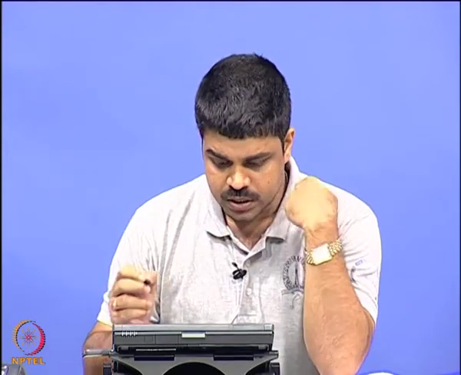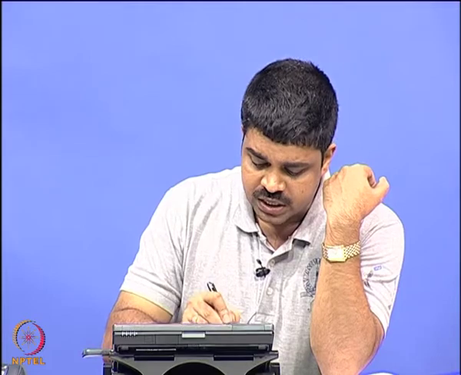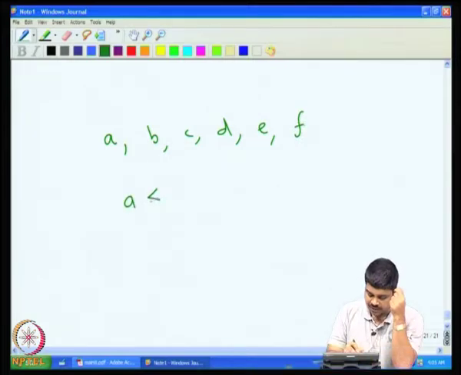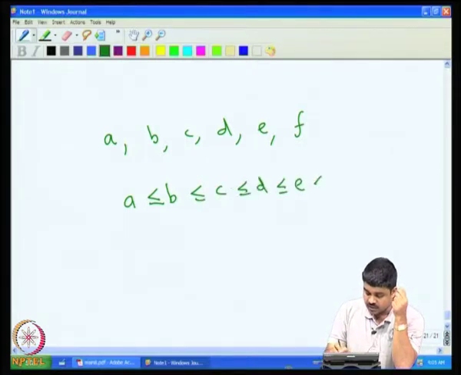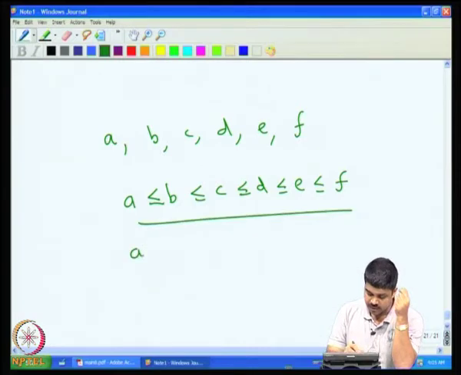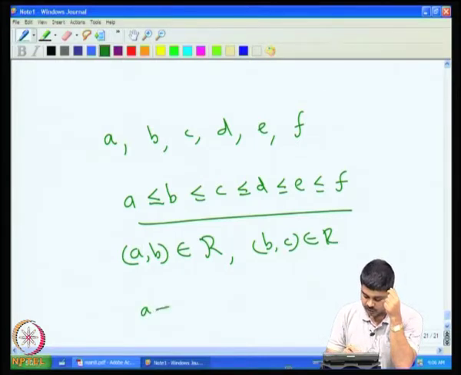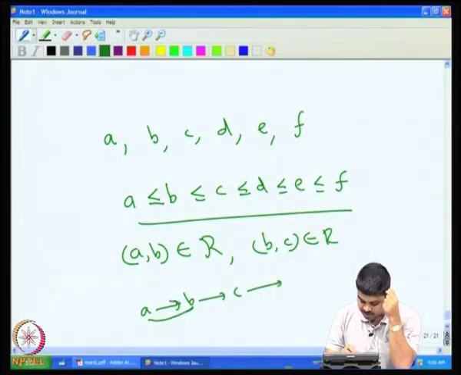Let us say we consider a sequence of members of the partial order A, B, C, D, E, F like that, such that A is related to B, B is related to C, C is related to D, D is related to E, E is related to F. So, in directed graph notation we will have A to B, B to C edges, because the pair (A, B) is represented by a directed edge here.